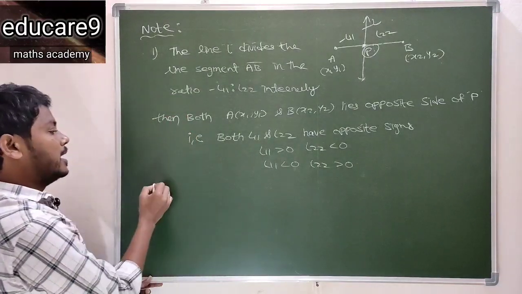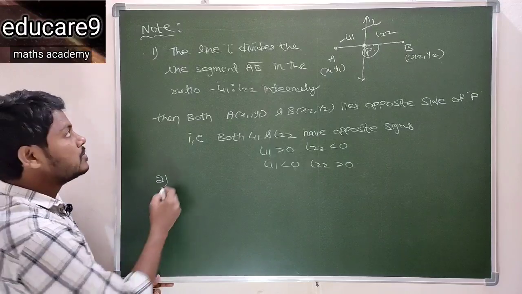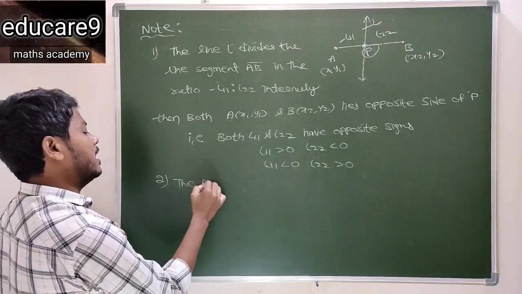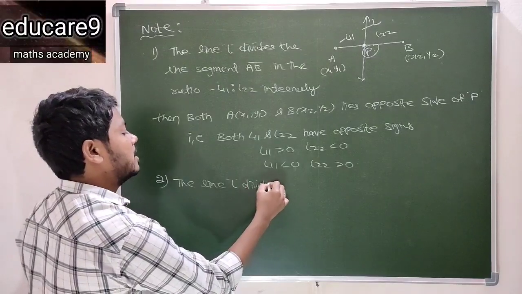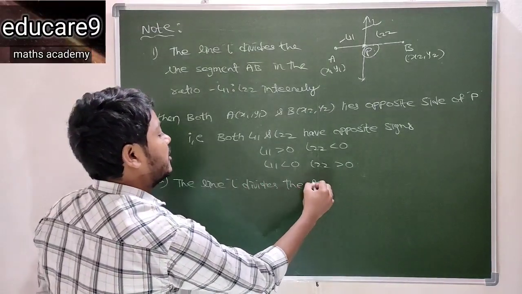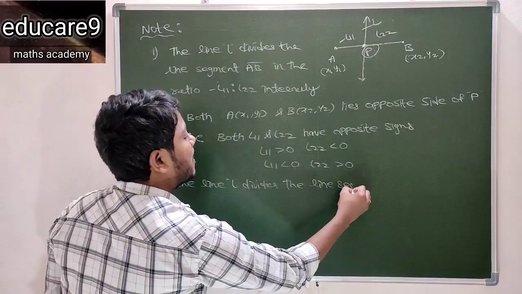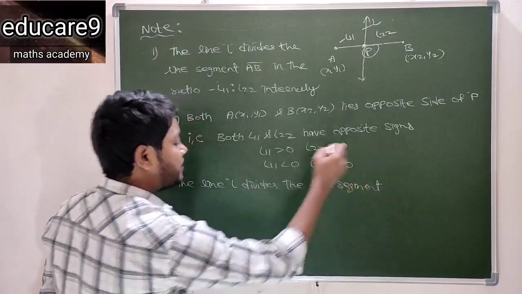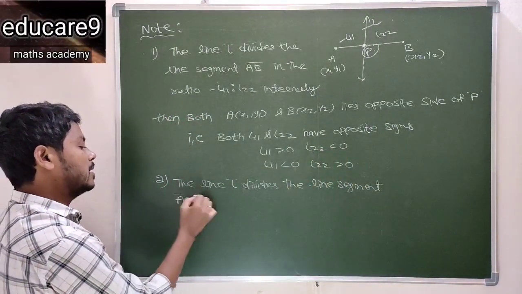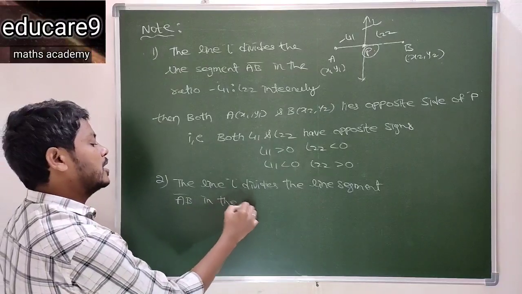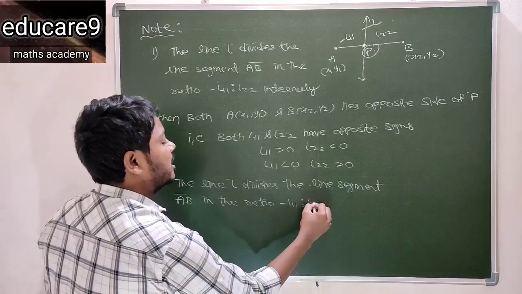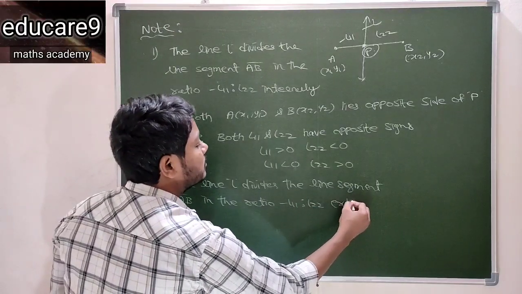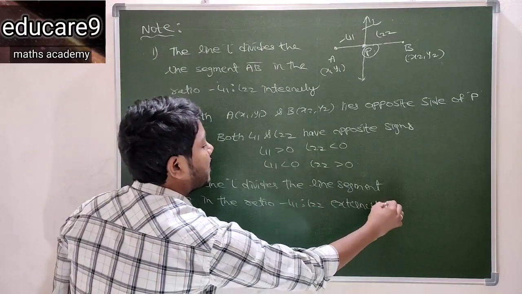Okay, and the second one: the line L divides the line segment AB in the ratio -L11 is to L22 externally.